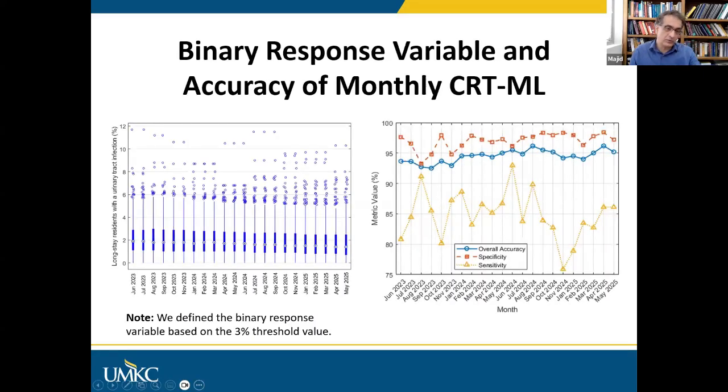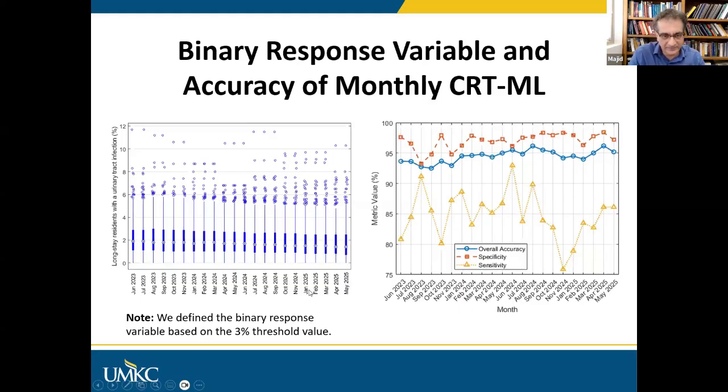And here it is. What we did was use the dependent variable for UTI with a threshold of 3%. So any facility that had UTI more than 3% received a 1, below 3% received a 0. And you can see that the specificity of the models is good. Sensitivity gets down when it gets to November 2024, but overall, they are 80% or above for most of the cases.